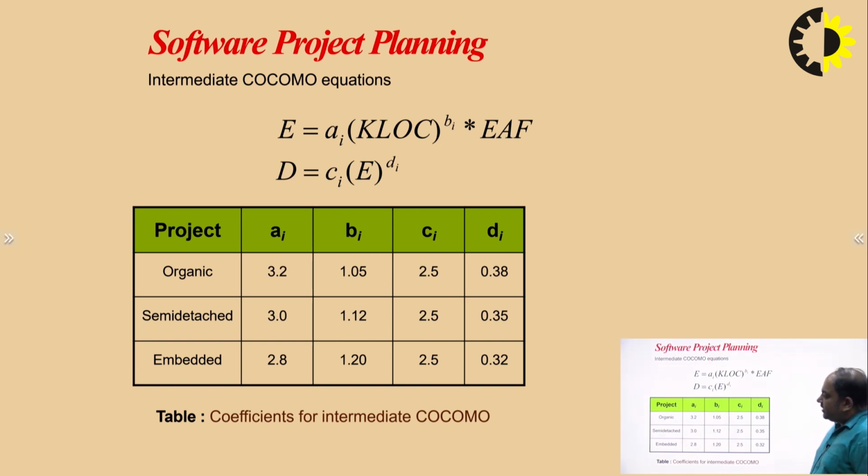For semi-detached, A is 3, B is 1.12, C is 2.5, D is 0.35. For embedded, A is 2.8, B is 1.2, C is 2.5 and D is 0.32. So all these are the values of the coefficients, and with these coefficients we will find out the effort and development time as per the questions given.